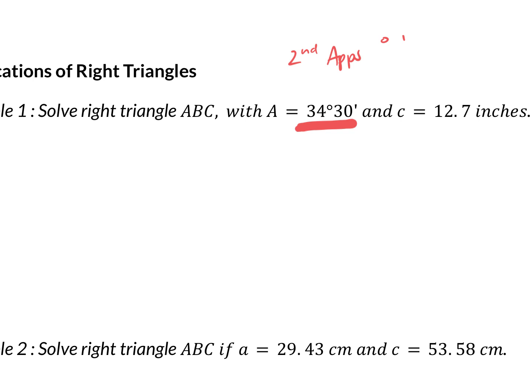Or if you remember, how many minutes are in a degree? 60 minutes are in a degree. So if I have 30 minutes, how much of a degree is that? Yeah, 0.5, right? So this is equal to 34.5 degrees. Are we okay with that? Okay.